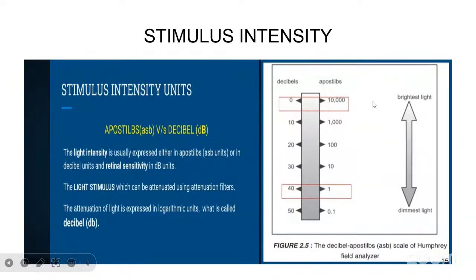While when you present the brightest light intensity, and yet the patient could not perceive it, that is referred to as low or no retinal sensitivity, and is given the score of 0 decibels.